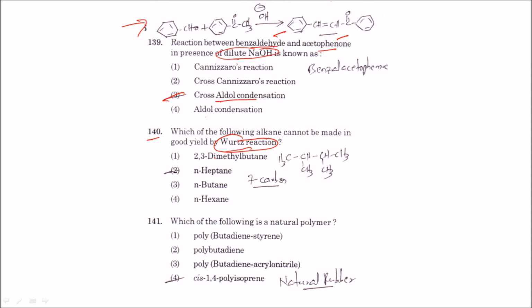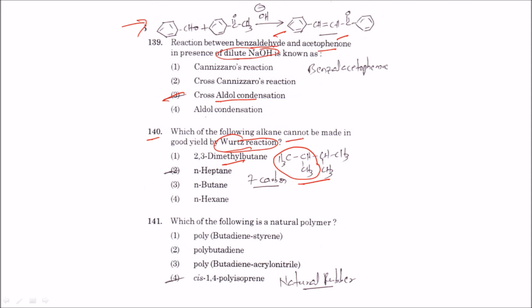If we take two different alkyl halides, what happens there? We'll get a mixture of alkanes. So we can see the first one, 2,3-dimethyl butane, structure I gave here. We can make use of only one alkyl halide, like 2-chloropropane. If we take 2 moles of 2-chloropropane, we get formation of 2,3-dimethyl butane in good yield, right?